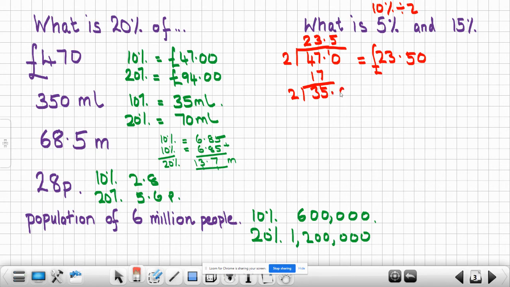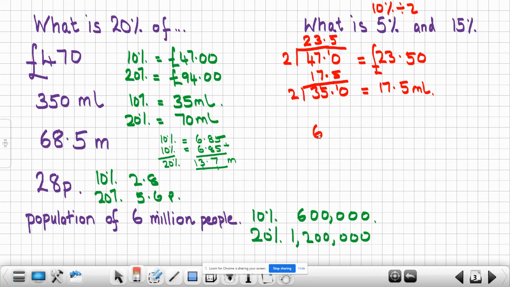So I'm going to put my decimal point with a 0, put the 1 in front of it to make 10. Need my decimal point in the same place at the top. 2's into 10 goes 5. So 5% would be 17.5 mil. If you feel confident, pause the video, have a go at the rest, and then play back when you're ready. I'm going to carry on.